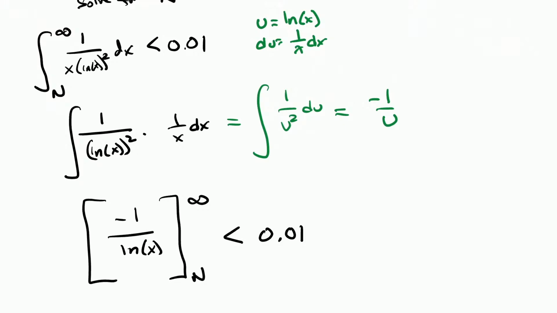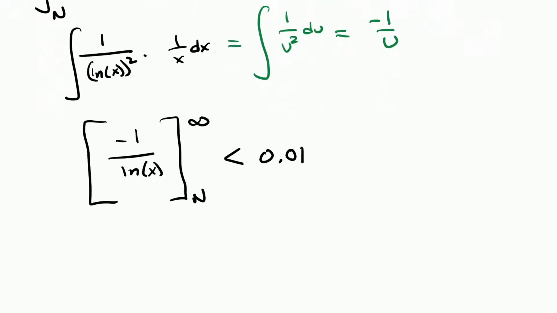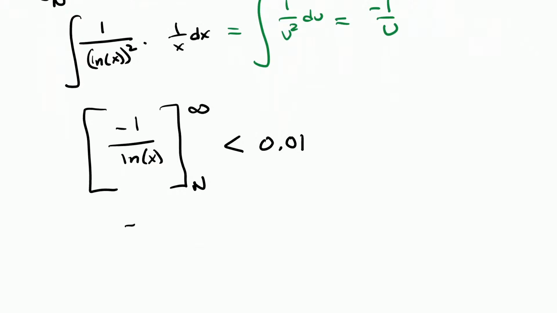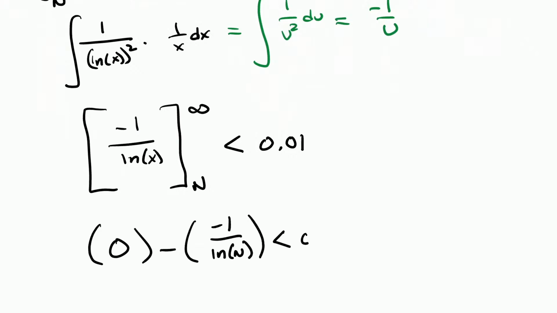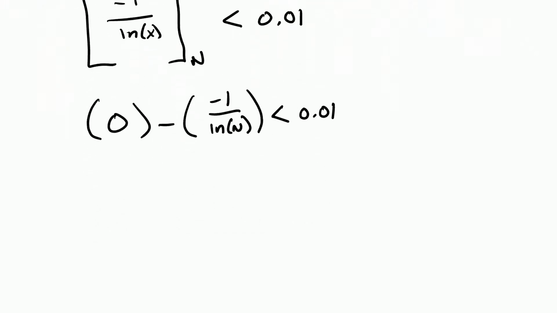That means do the limit as x approaches infinity of this, which we all know is going to be 0. So the upper limit is 0 minus the lower limit, 1 over natural log of N, has to be less than 0.01.